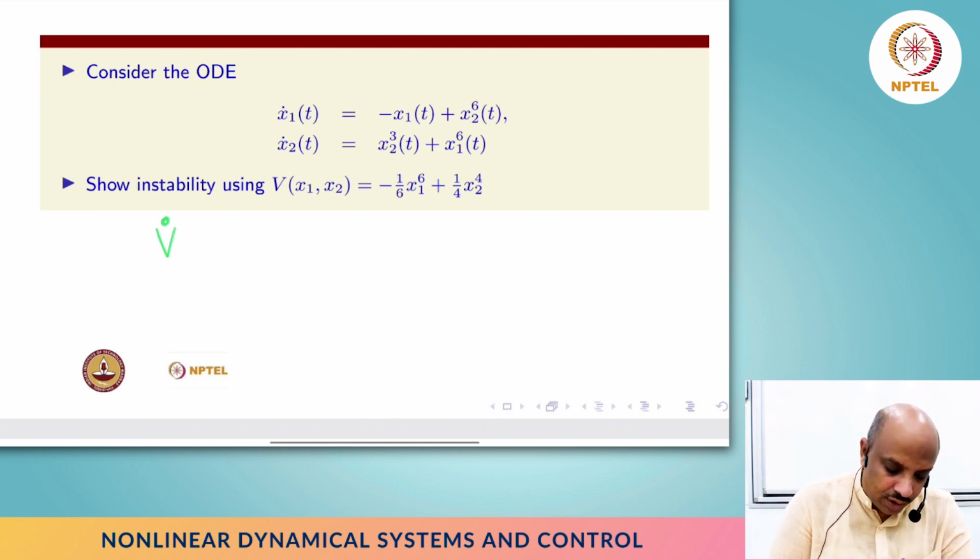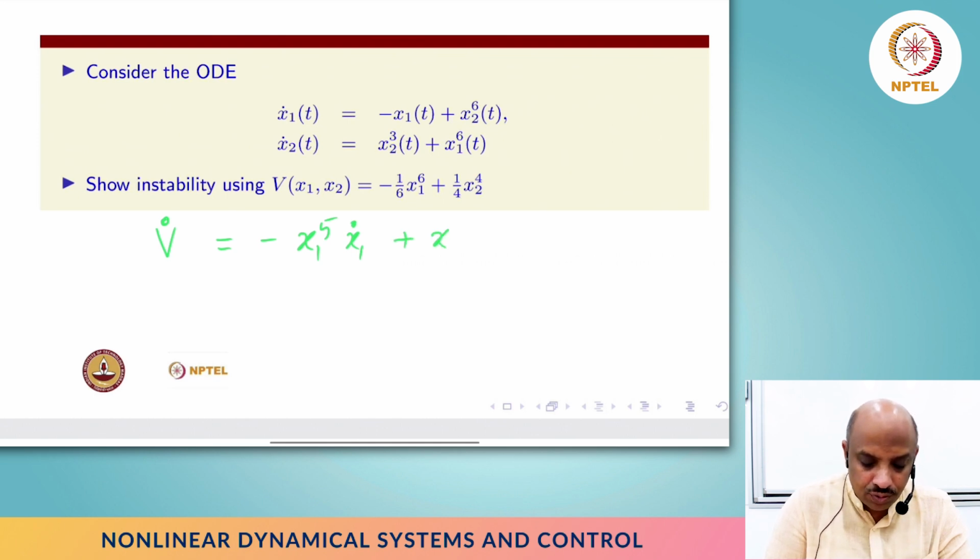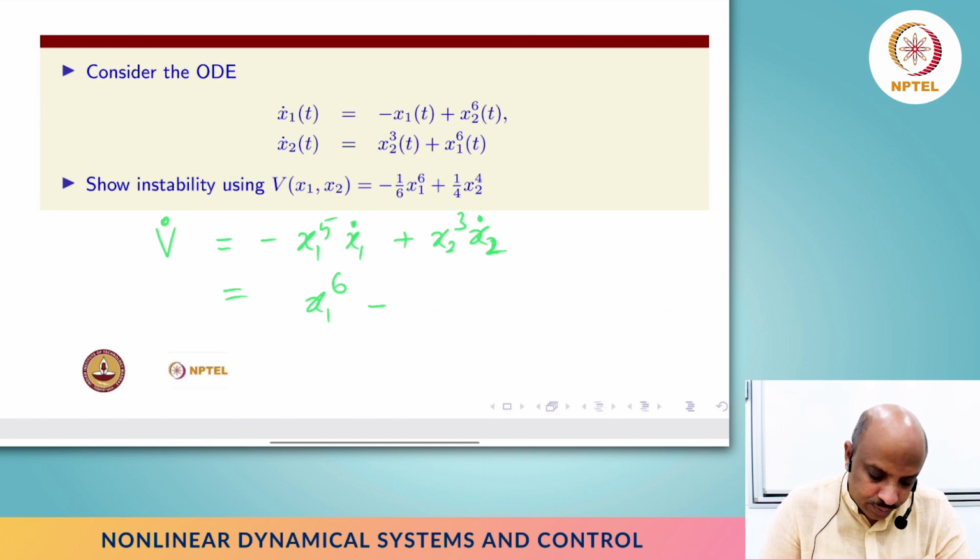Just compute V dot, and we'll essentially get minus x1 power 5 x1 dot plus x2 cube x1 dot x2 dot, which when I substitute gives x1 power 6 minus x1 power 5 x2 6 plus x2 power 6 plus x2 cube x1 power 6.